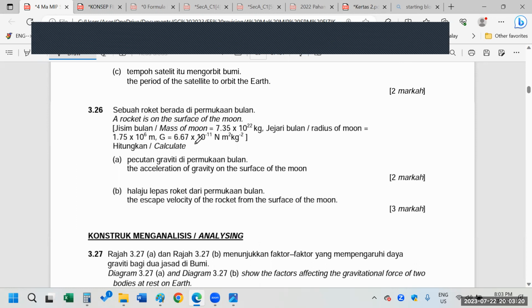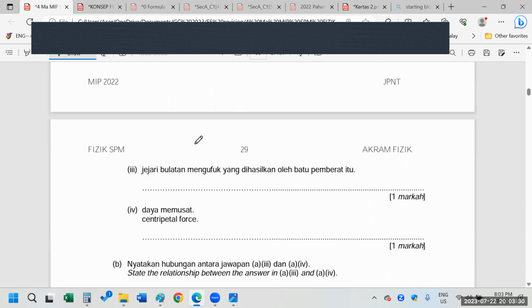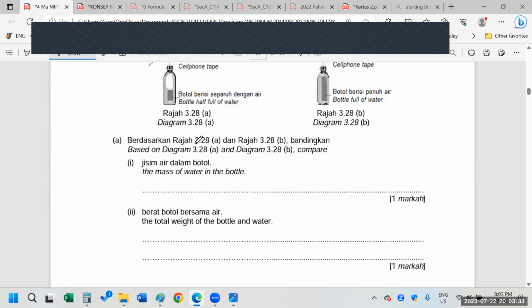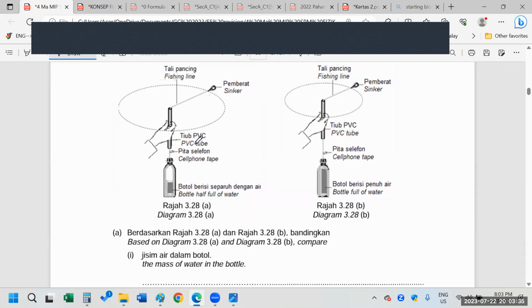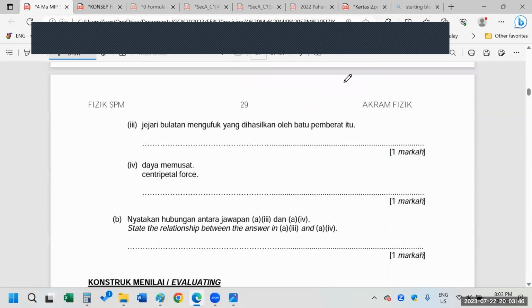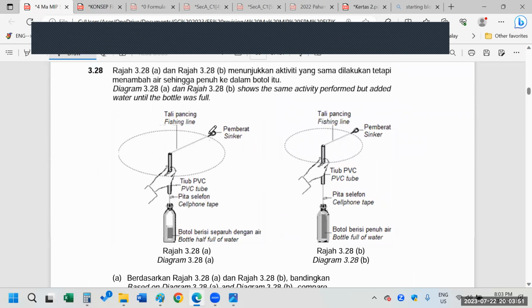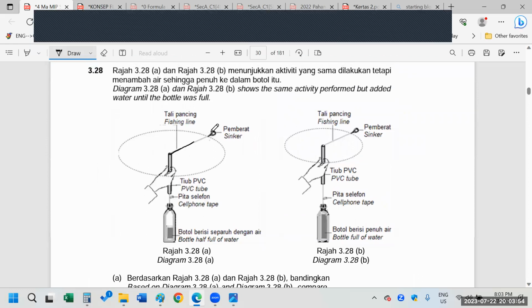You study the jaw and non-jaw satellite. So jaw and non-jaw normally involve the centripetal force. Be careful when they say what is the tension of the rock of the fishing line.